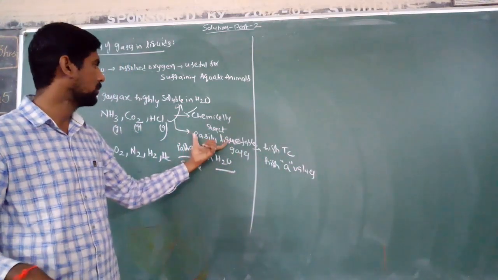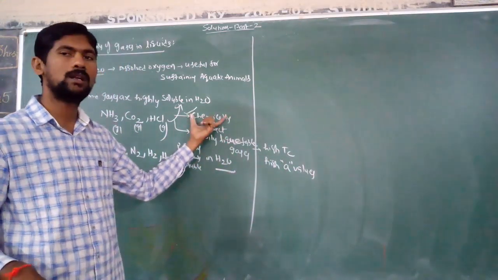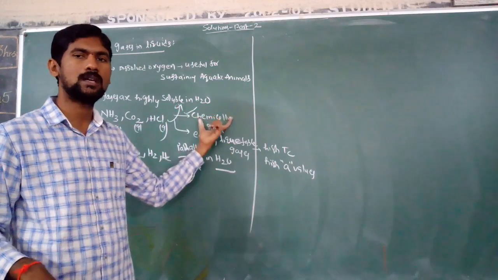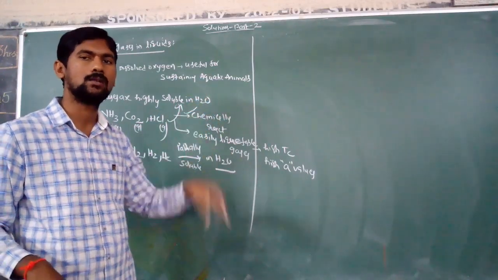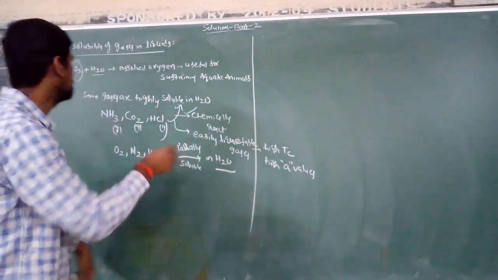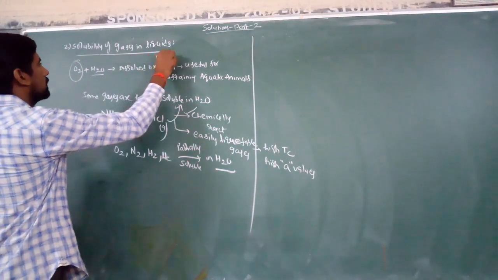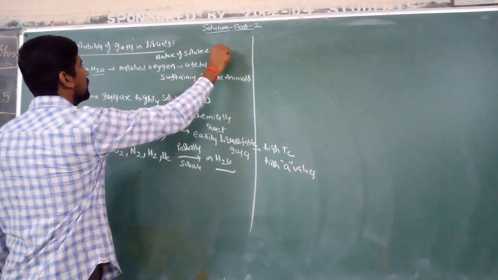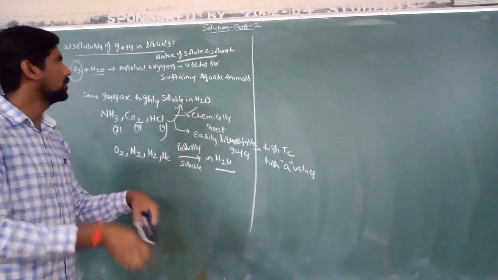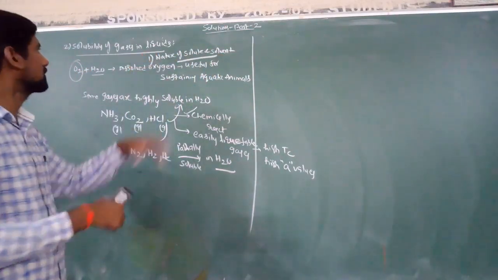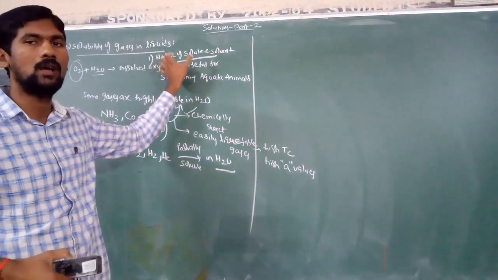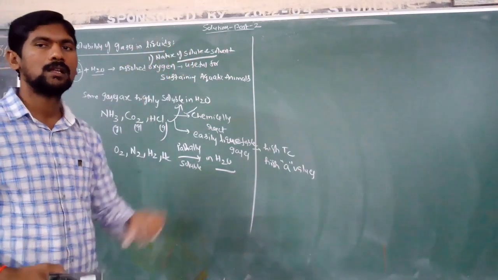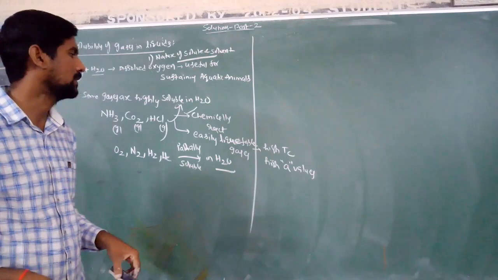So easily liquefiable gases are highly soluble in water, and those gases which chemically react with water are also highly soluble in water. This is the nature of interaction, the nature of solute and solvent, and how it influences the solubility of gases in liquids.